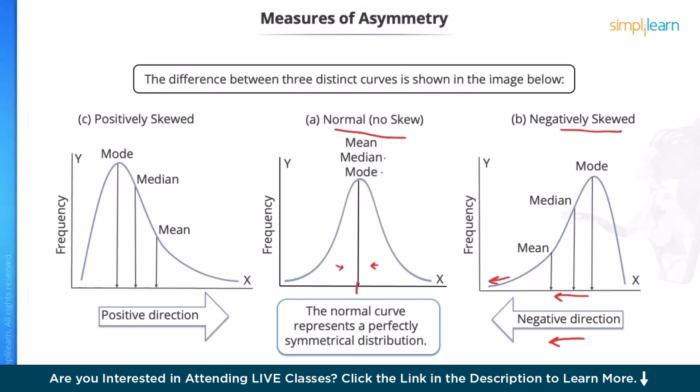On the other hand, in case of positively skewed data, the data is concentrated on the left-hand side of the curve, while the tail is elongated or longer on the right-hand side of the curve. The mean is greater than the mode and median, or is on the right-hand side of the mode and median, indicating that the outliers are in the positive direction.